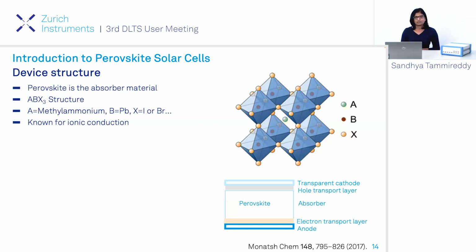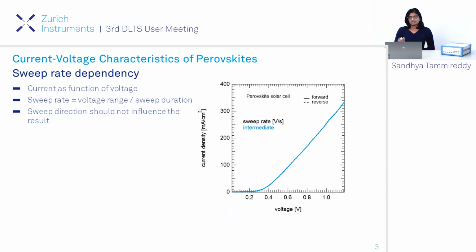Once you have fabricated the device, the first thing you would like to do is to see how well the fabrication went, and you would like to characterize it by using current voltage characteristics. When you measure the current voltage characteristics of these perovskite solar cells, it will appear like this. Of course, it's not an ideal exponential behavior, but you observe increasing current values as a function of voltage.